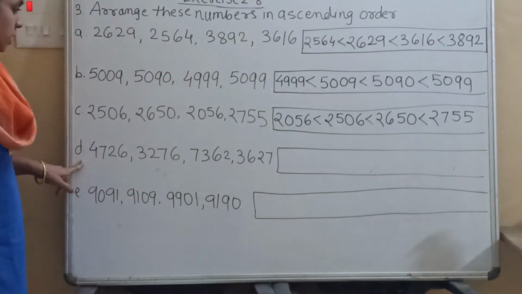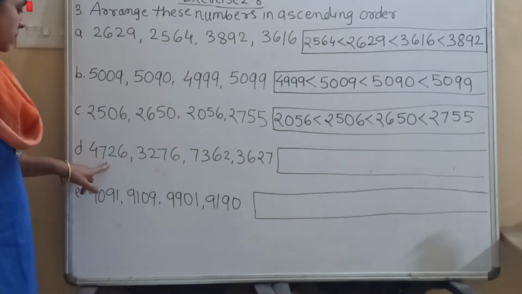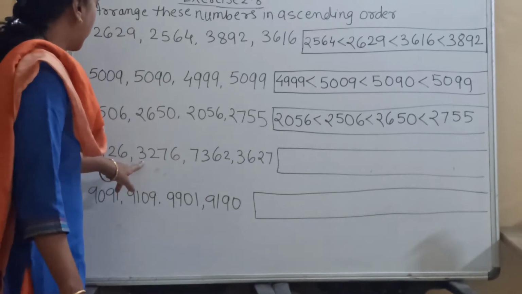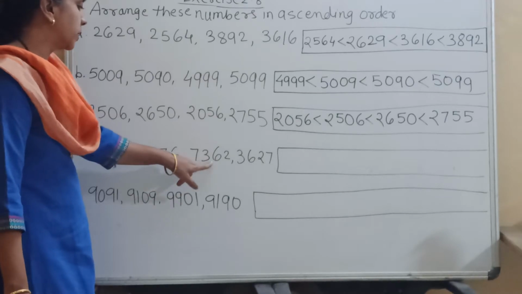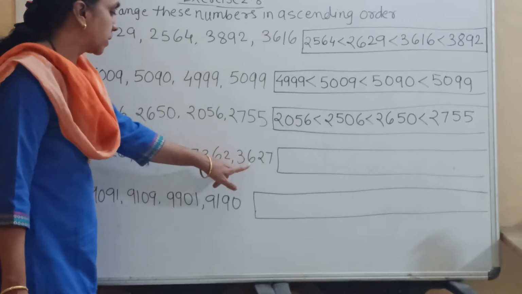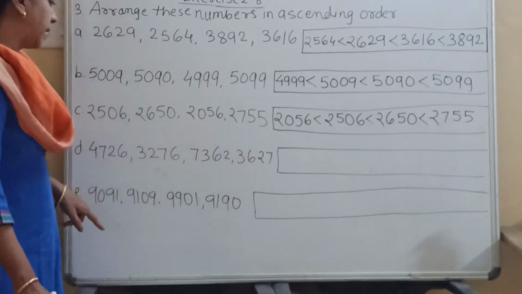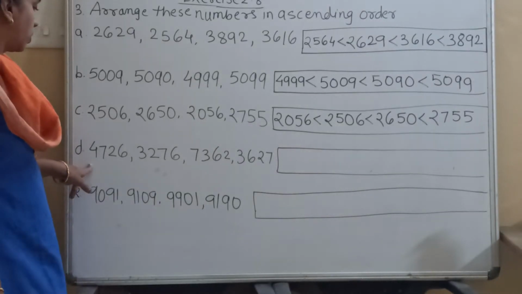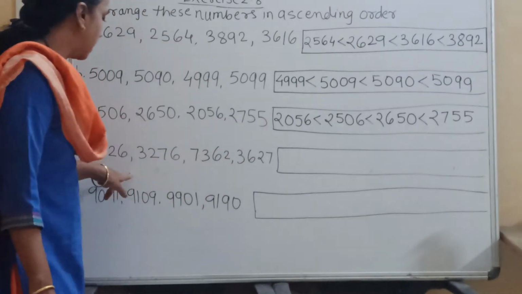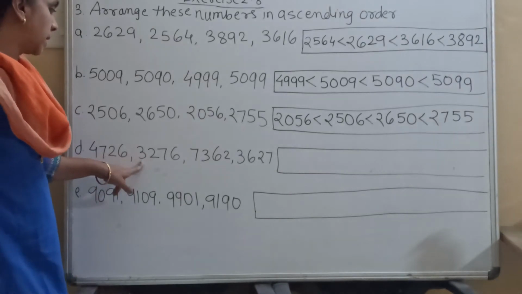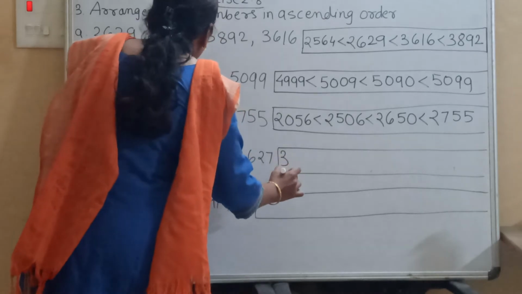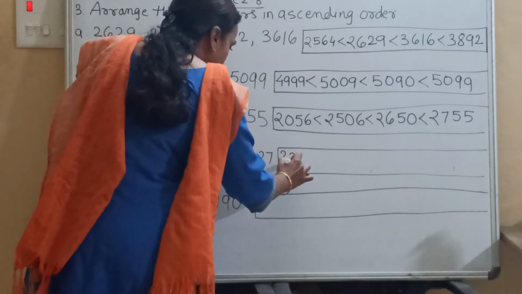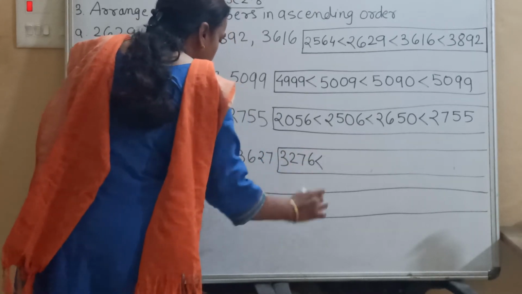Now D question is 4726, then 3276, then 7362, then 3627. So which number is smaller here? This number, 3276. So you write down 3276 here.